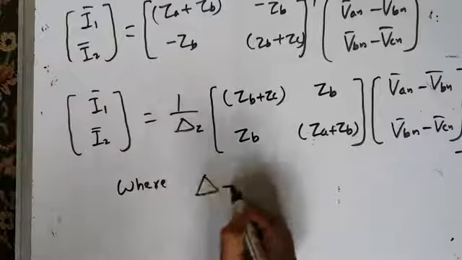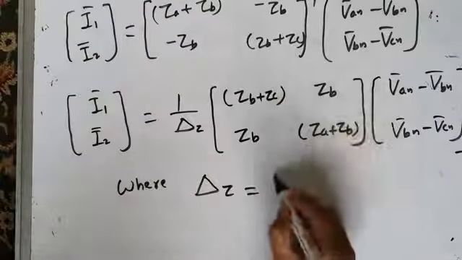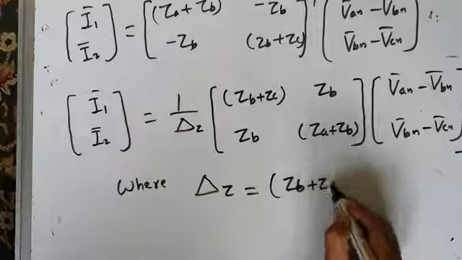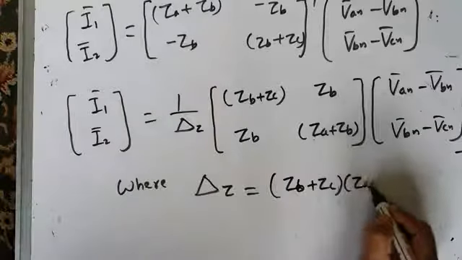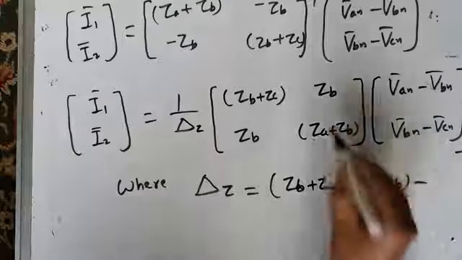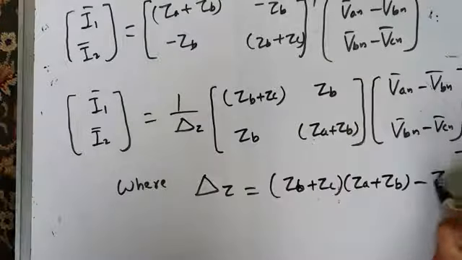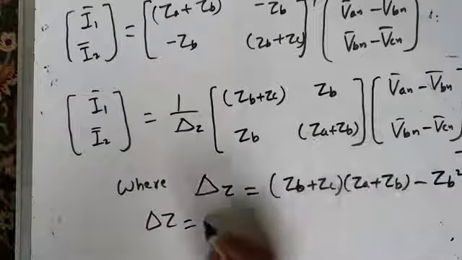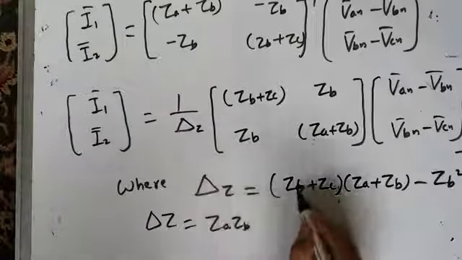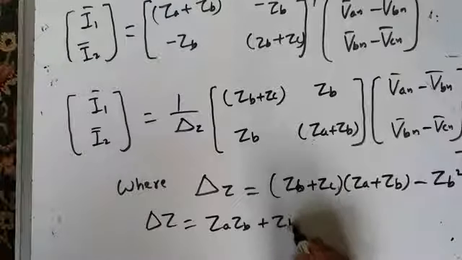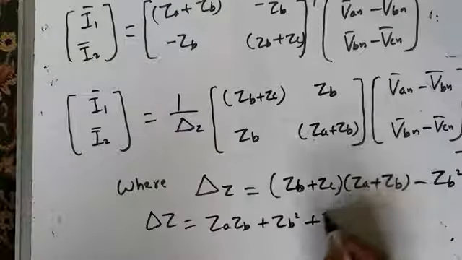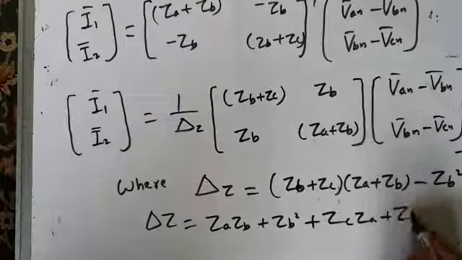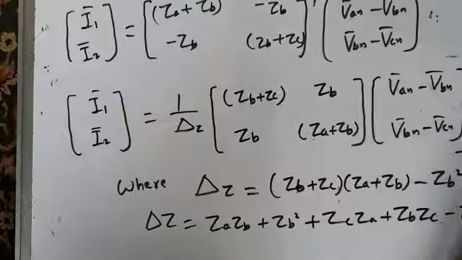Here you have to define this delta Z. What is delta Z? Delta Z is this into this, that is ZB plus ZC into ZA plus ZB, minus this into this, ZB into ZB is ZB square. Or delta Z is equal to ZB into ZA is ZA ZB plus ZB into ZB is ZB square plus ZC into ZA is ZC ZA plus ZC into ZB is ZB ZC minus ZB square.